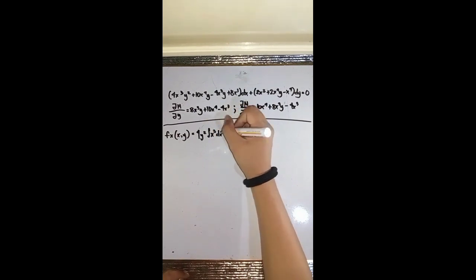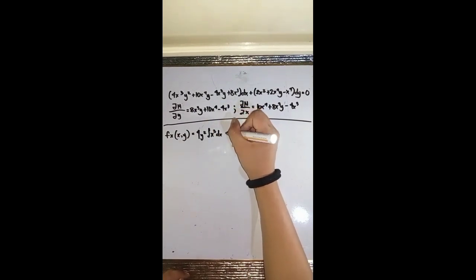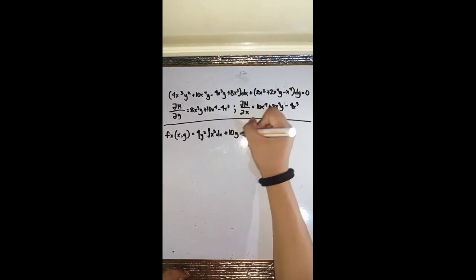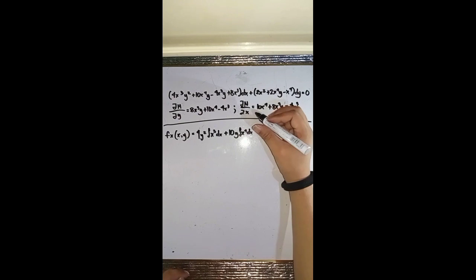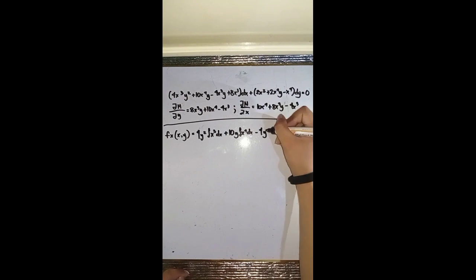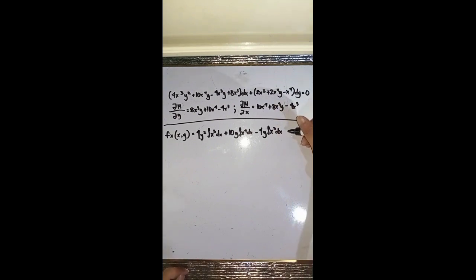So 4y squared integral of x cubed dx plus 10y integral of x to the fourth dx minus 4y integral of x cubed dx plus 8 integral of x cubed dx.